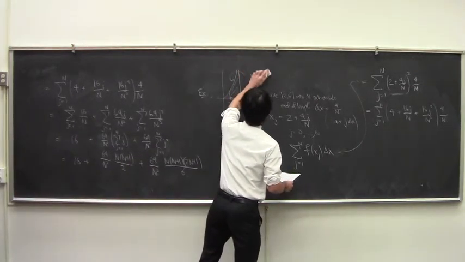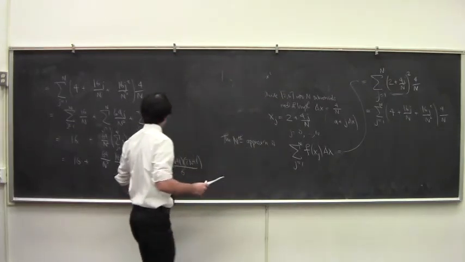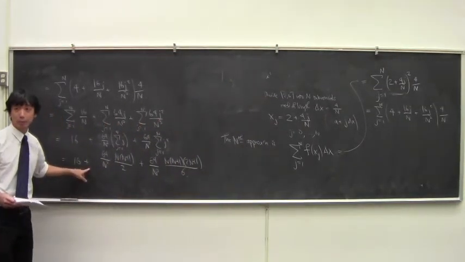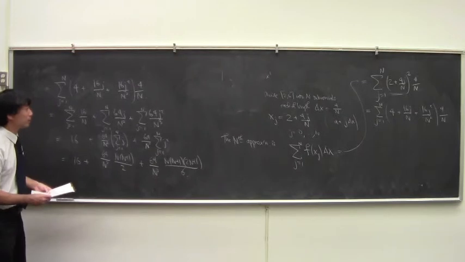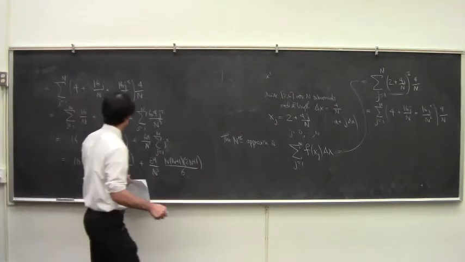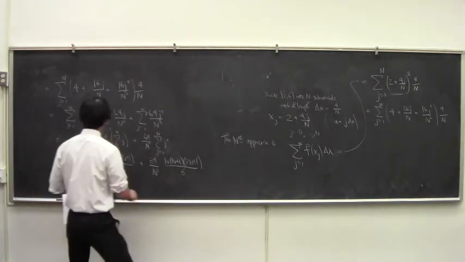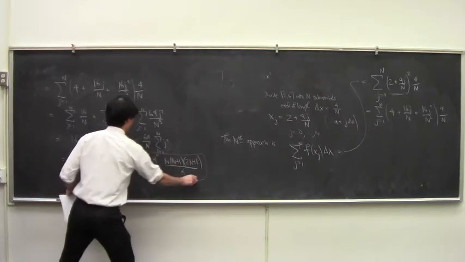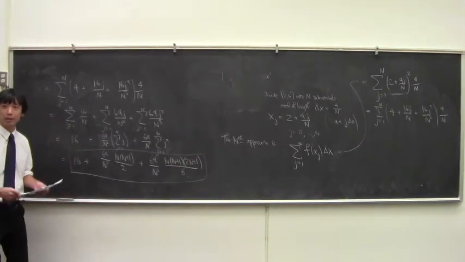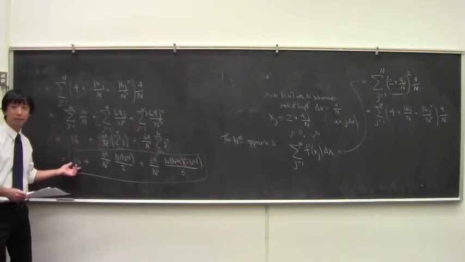Okay, so that number, whatever it is, is the nth right endpoint approximation. So our right endpoint approximation turns out to be this number here. And what's the area? The area will be the limit of this as n goes to infinity.